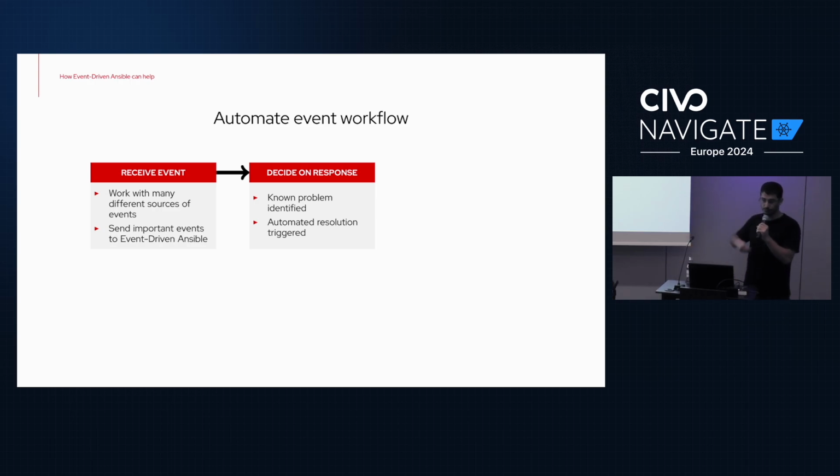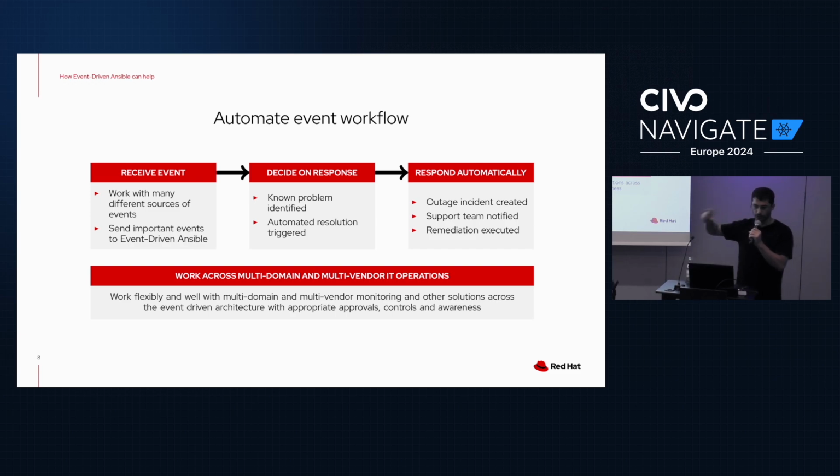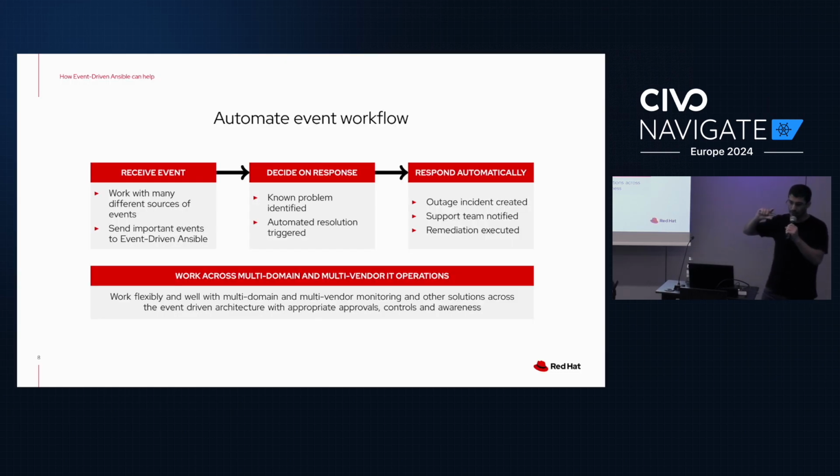And if so, simply run the required automation to actually resolve the issue. And all of this obviously is across domain, across vendor and so on, because we are still leveraging the Ansible automation itself. So this means that everything that you can do with Ansible, you can also do with EDA.